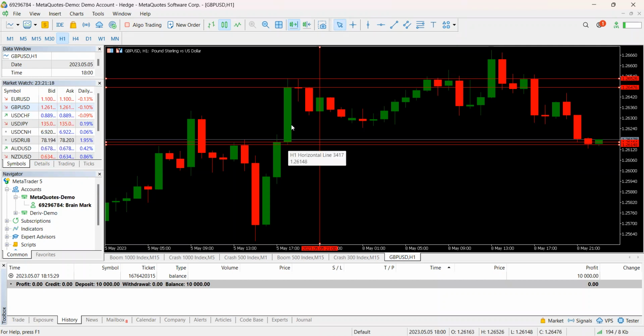Now, the size, how big the body of the candlestick is, not the width, the widths are always the same, so let me use the word height. The height of the candlestick actually tells you more about the momentum in price.